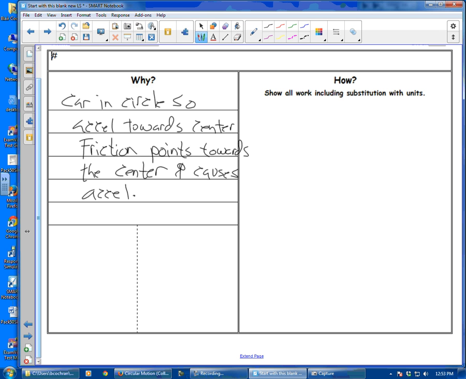So it's that friction that's pointing towards the center, causing the car, or allowing the car, to turn the corner. So my force diagram for this is going to draw a nice flat road. I'm going to draw the car as if it was coming right at me.